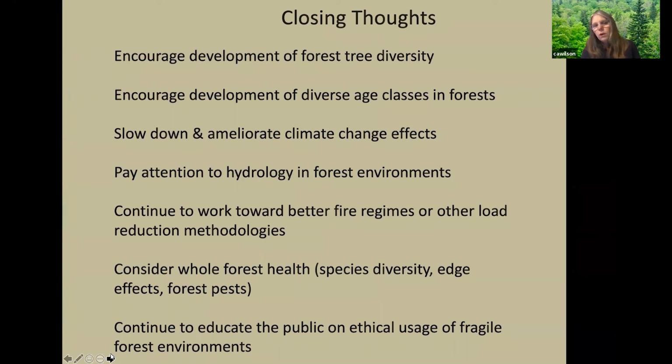And I think we have to slow down and ameliorate climate change effects, because if we have a drier forest and mistletoe is out-transpiring its host, you're going to have drought stresses.